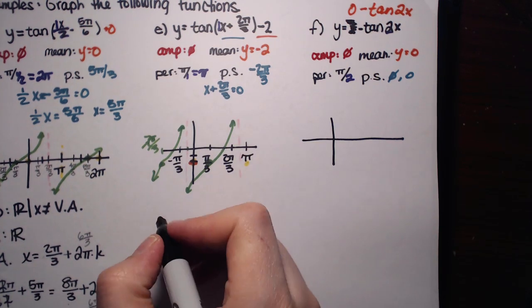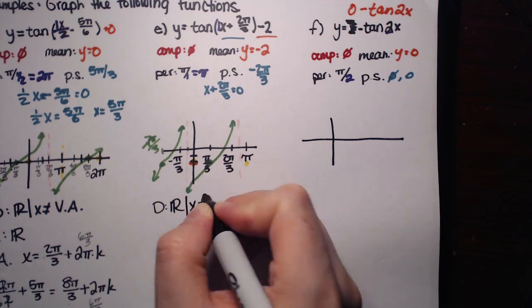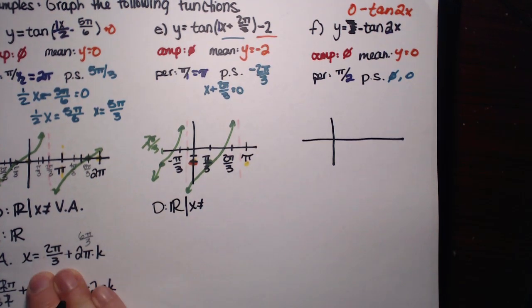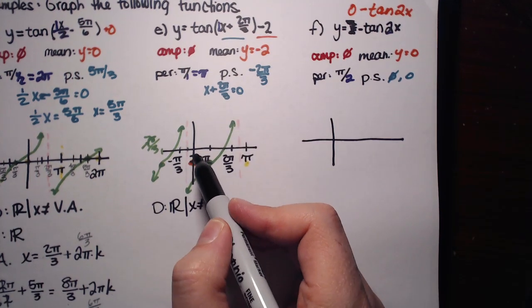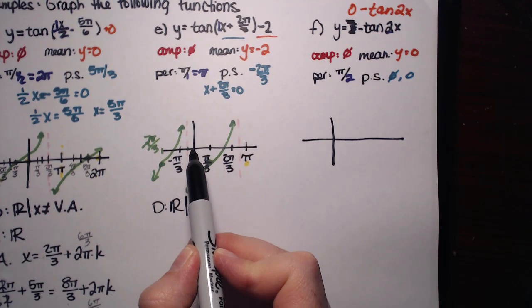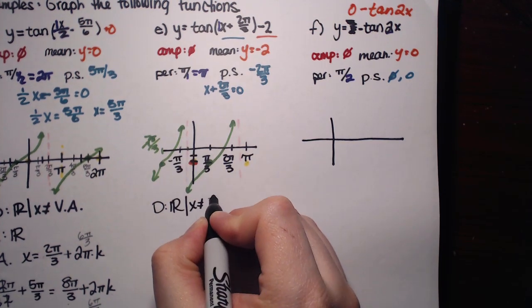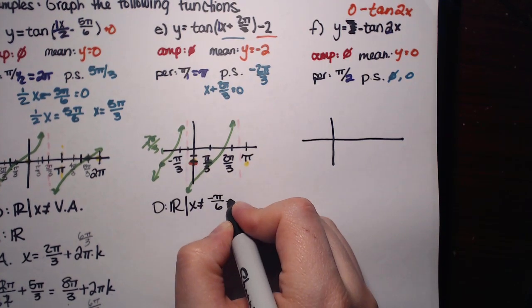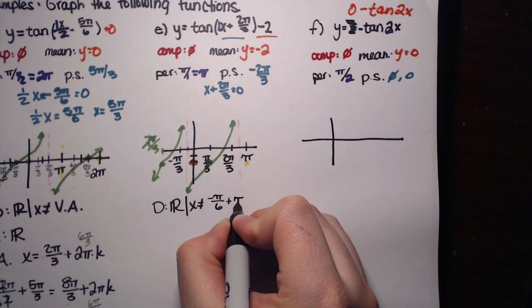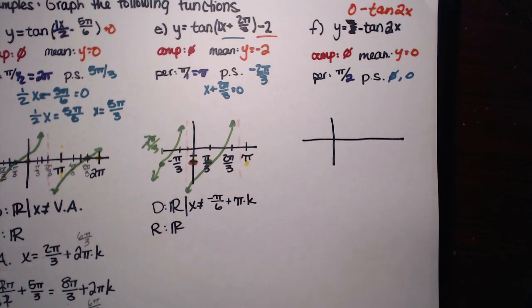Okay, domain. X can't be a vertical asymptote, so let's actually list that out. So I have one at, well, if I think about what is halfway between -pi thirds and 0, that's -pi sixths. So I can just look at the graph and then add the period to that in iterations of k. And then the range is just all real numbers.